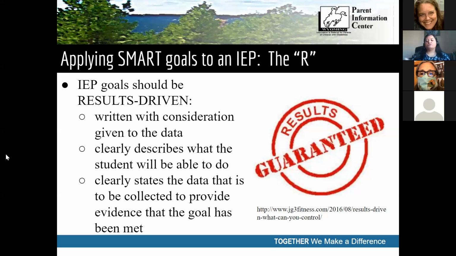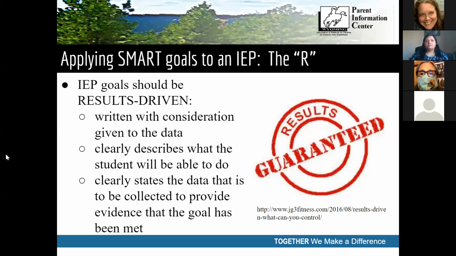But expecting that child to count to 25 and then count objects, and understand that those numbers actually represent things they can count, is different. So using the data that you already have collected about that child, writing your goals with that data in mind is super important.